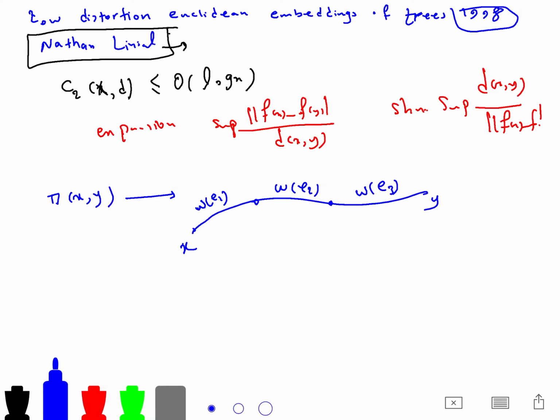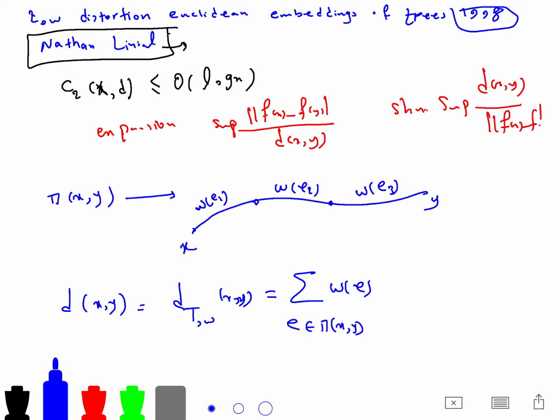So the distance between x and y in the tree is just the sum of the weights of the edges in this path. In general, omega of P of x and y means this.